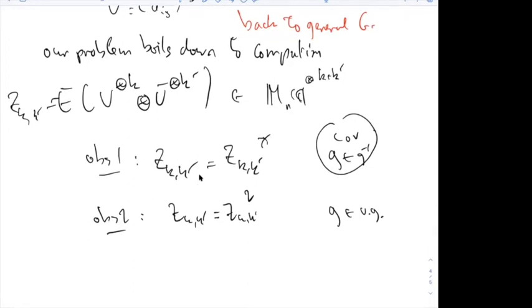So now you see the situation is kind of good, because if I know that it's a projection, then if we know the image, we are done. Okay.